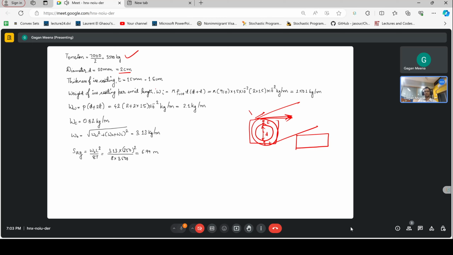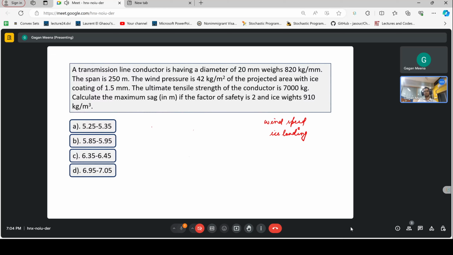The conductor weight is already given, it's 0.82 kg per meter. And for ice, we have to find out the weight of ice. This is pi (d plus 2t) square by 4 minus pi d square by 4.